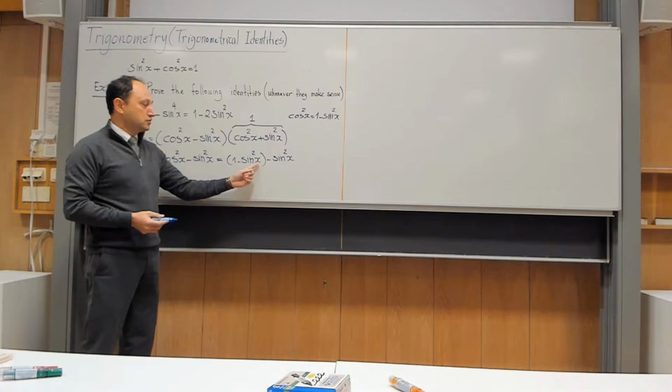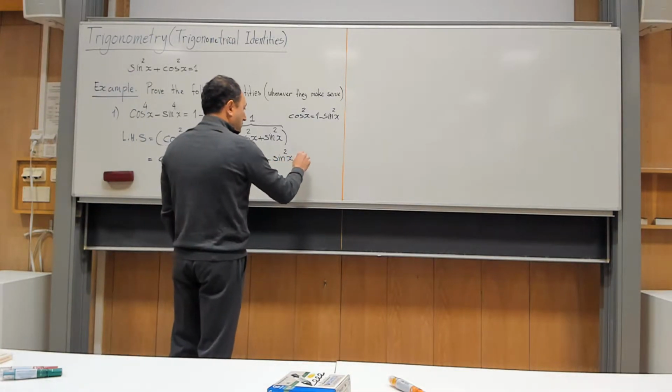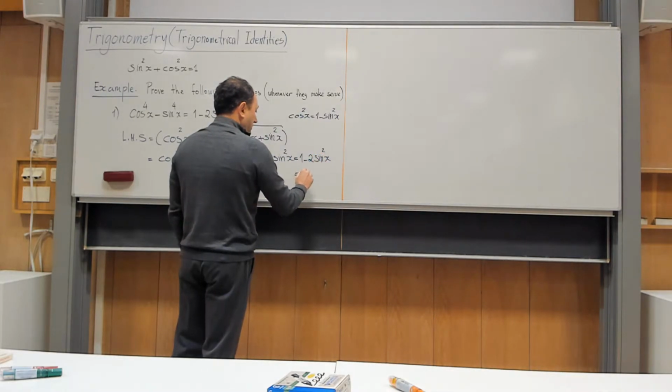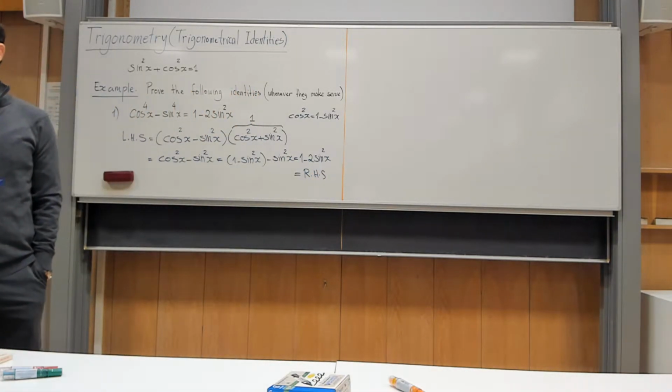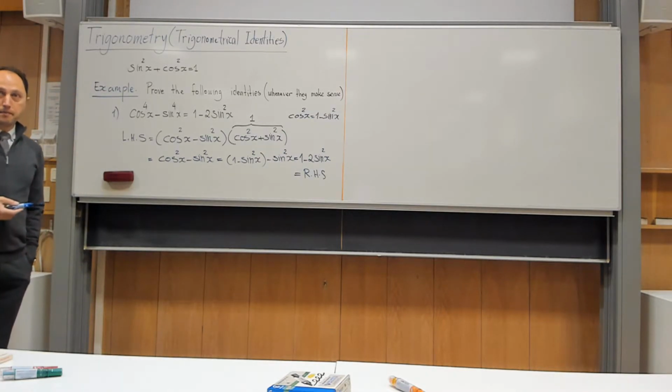Yes, because minus sine squared is minus 2 sine squared. And then it becomes 1 minus 2 sine squared, and that becomes equal to the right hand side. And here you are done. Yes? So you see there is no new lesson actually, but you need to practice more or less a lot on this topic. Okay?